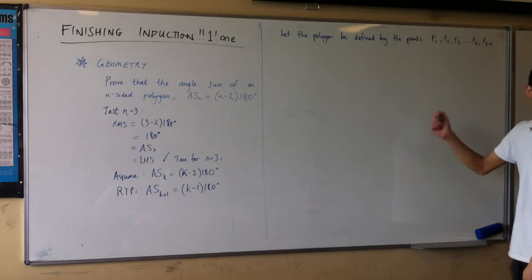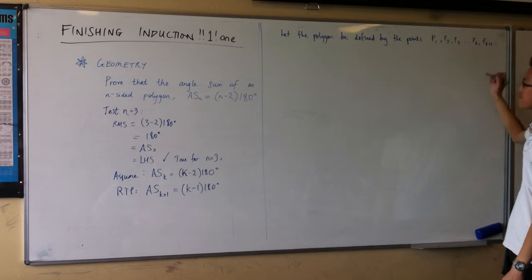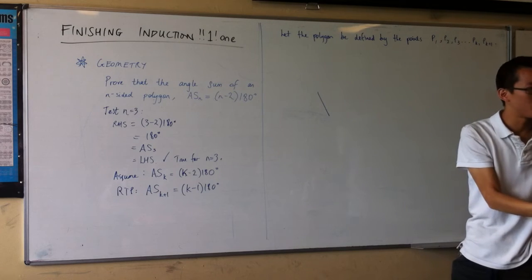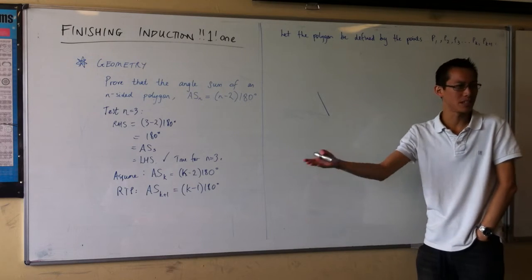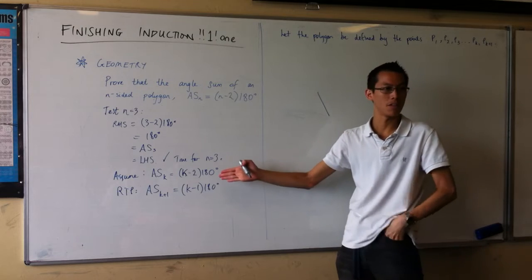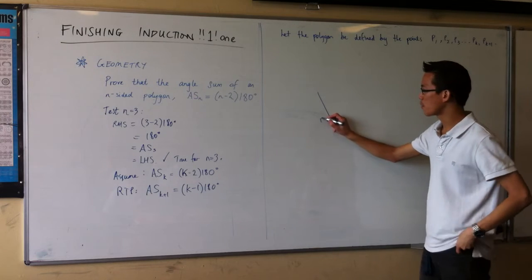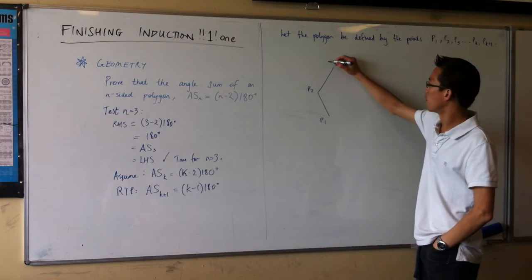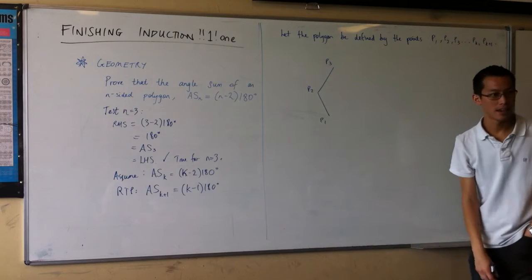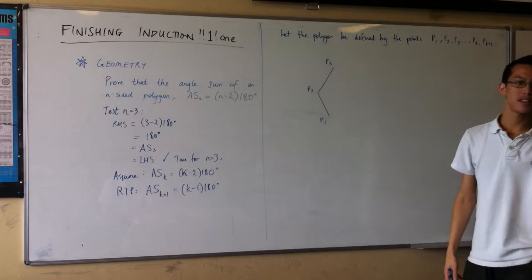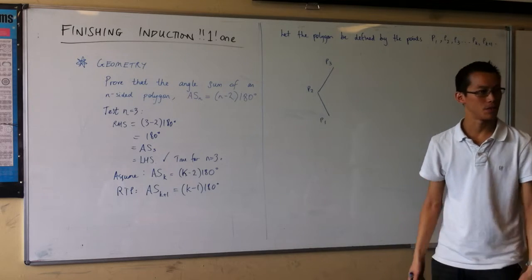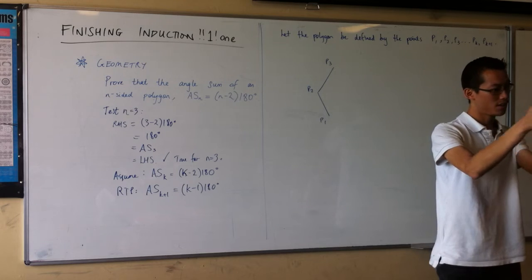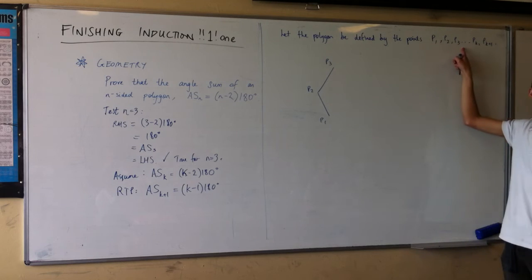Okay? What does this thing look like? Well, I don't know what any of these angles are, right? But then again, it doesn't matter what any of the angles individually are because I'm just interested in what they add up to. Okay? So if I start with P1 and P2, and then have another point, P3, now at this point, if I gave you, say, a series like the even numbers, you'd go 2, 4, 6, and then you'd say dot, dot, dot, just like I did here, right?